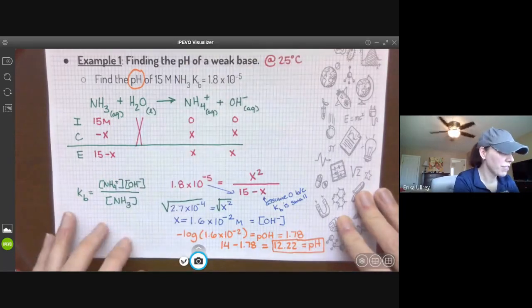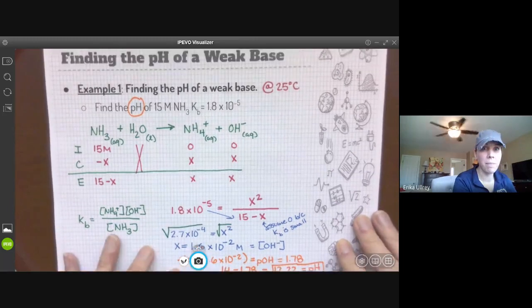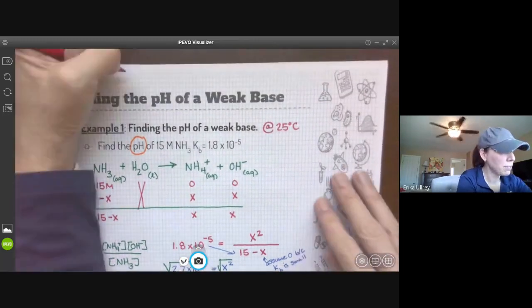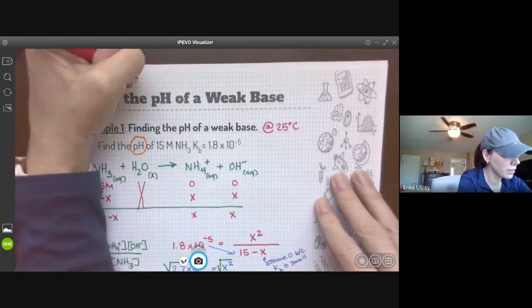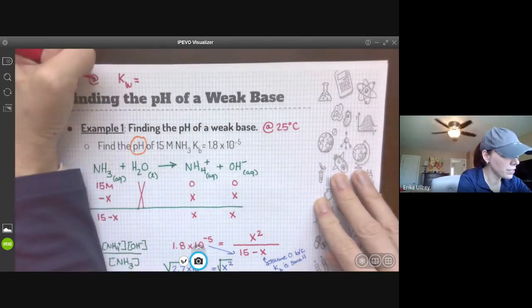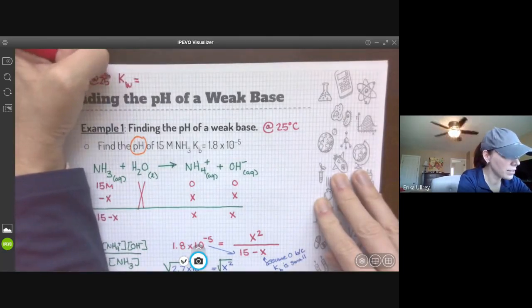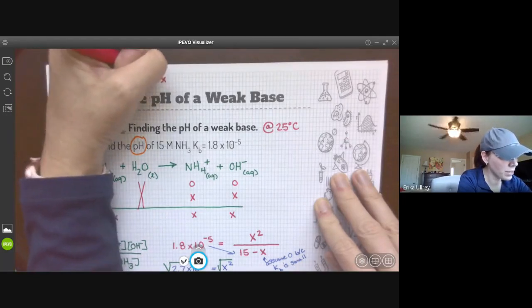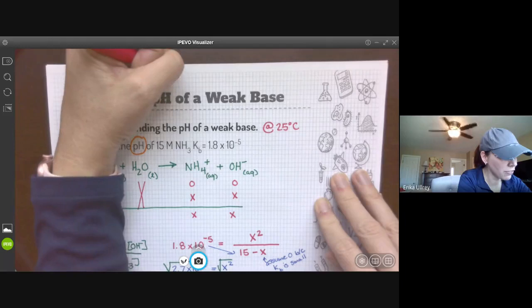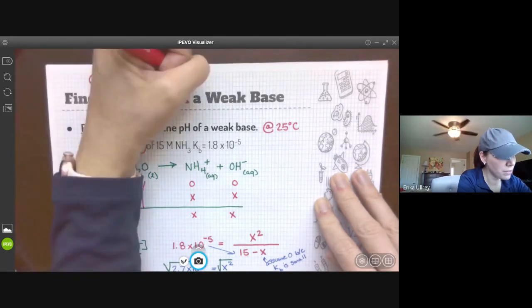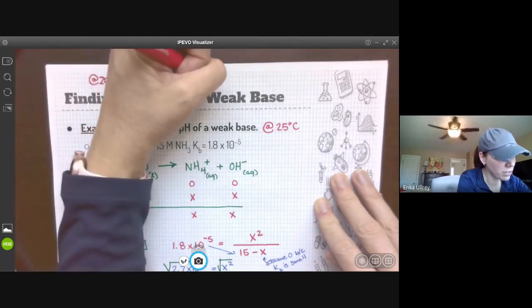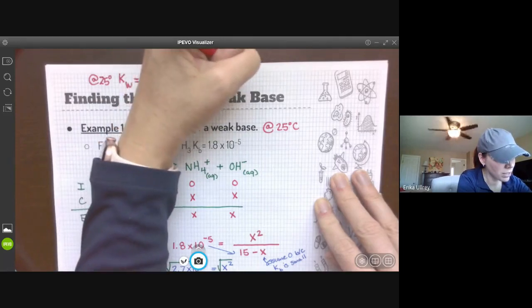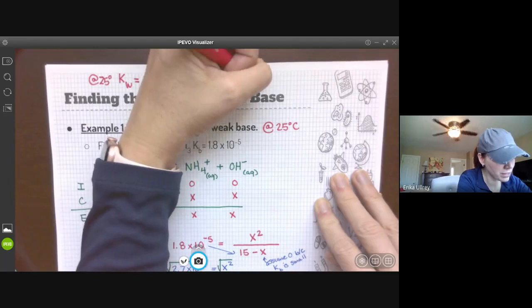And the reason for that is because our KW for water at 25 degrees Celsius, which is, again, standard conditions, is 1.0 times 10 to the -14th, which equals the concentration of H plus times the concentration of OH minus.